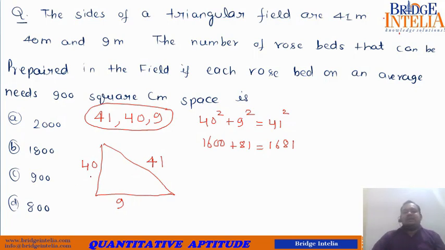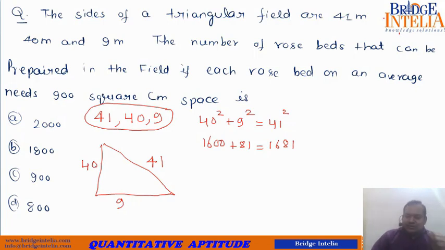Now, the number of rose beds that can be prepared in the field, if each rose bed on average needs 900 square centimeters of space. This entire triangle has to be filled with rose beds. The area of one rose bed is known to us.